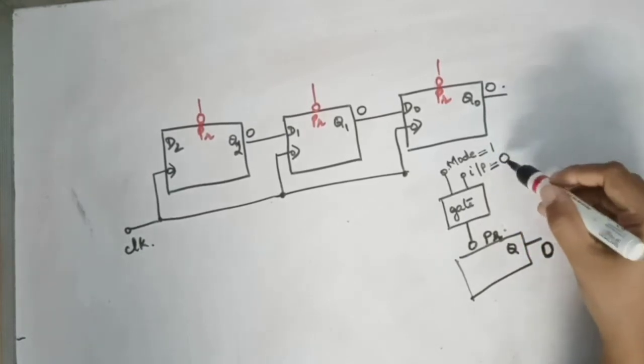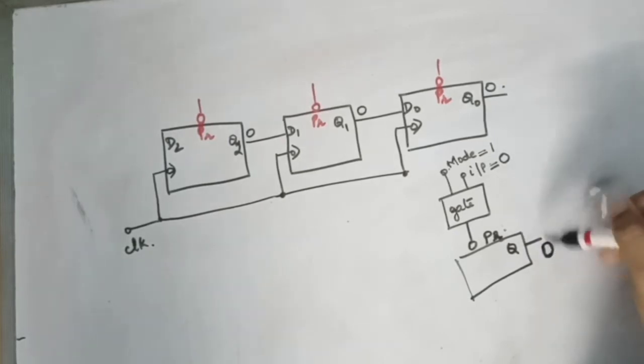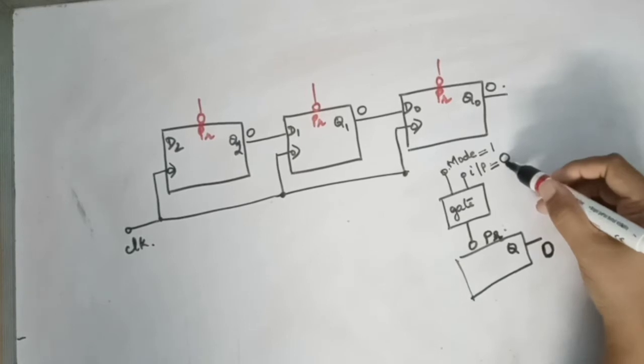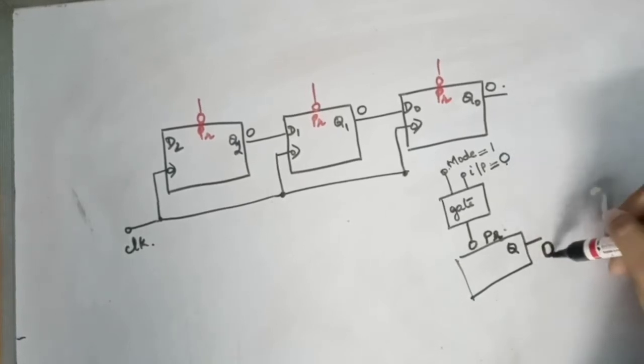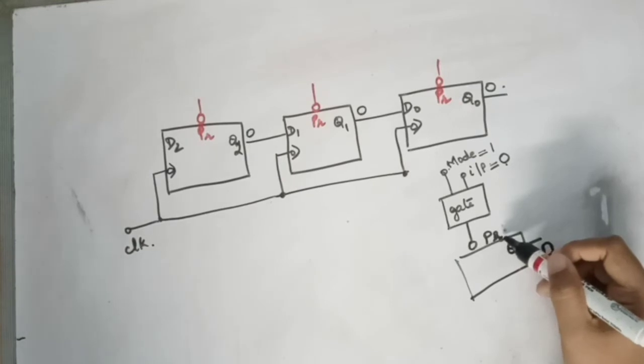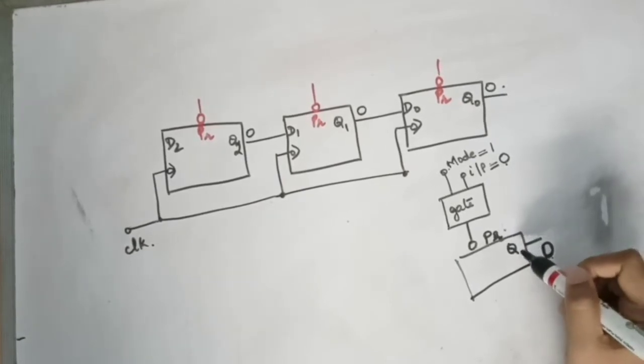You want Q to be 0, and it is initially 0, so you don't want the preset to be active because 0 is already stored inside the flip-flop.